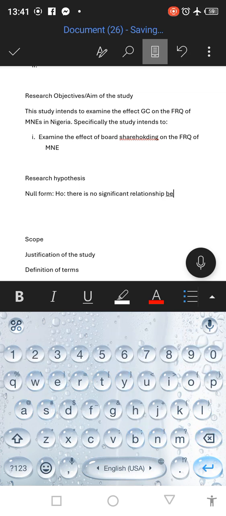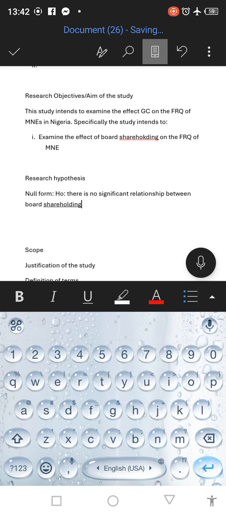There's no significant relationship between board shareholding and financial reporting quality of multinational enterprises. With this, the research hypothesis has been stated in the null form.